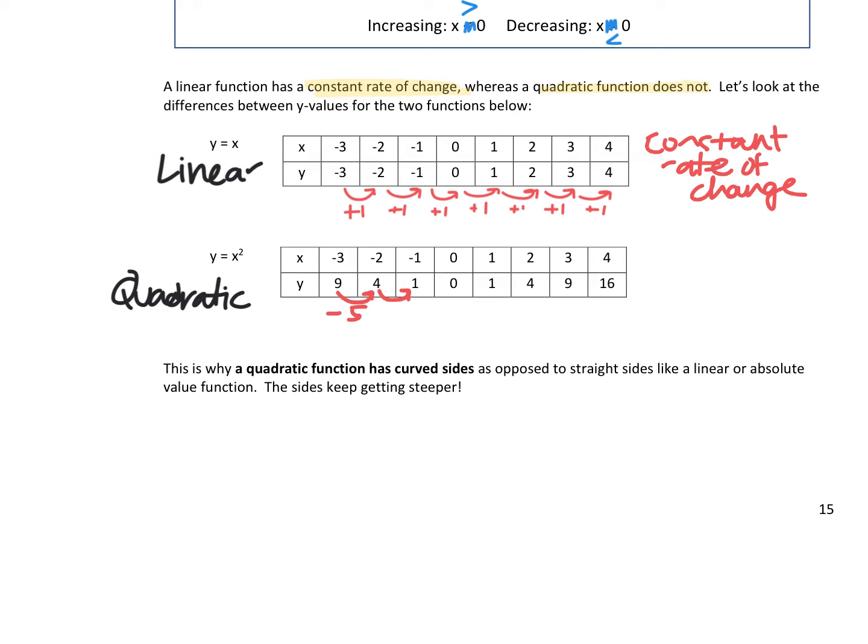Can you please figure out how the y values are changing here? Yeah? It's not constant, is it? No. It's not constant.